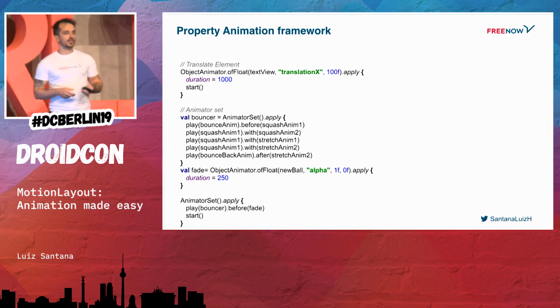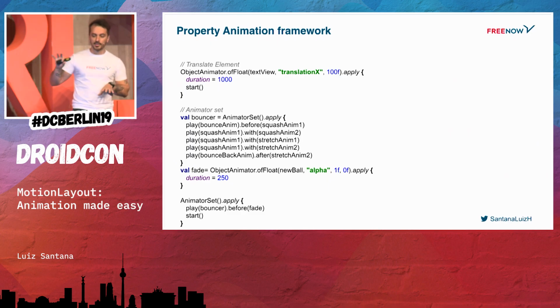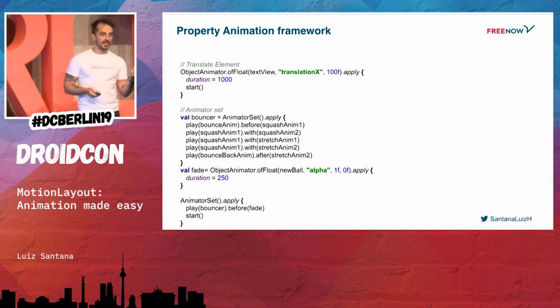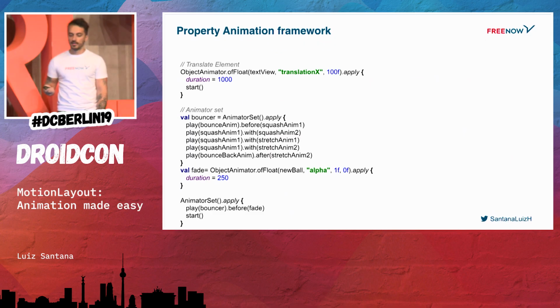This whole translation of elements, you've got to translate based on these numbers, not density pixels, not regarding another element on the screen. Although you can do a lot of things, like change alpha, scale, rotate, and so on. But again, very complex, very hard to maintain.